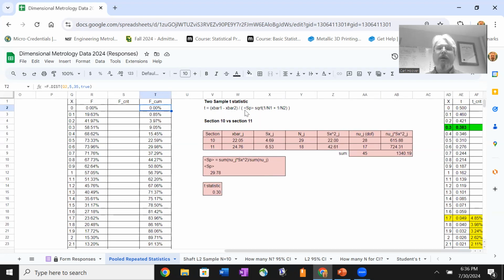We divide that by the standard variance of the pool for those two sections alone, and then also divide that by the square root of 1 over n for the first section plus 1 over n for the second section. So that gives us a standard variance for those two pools of 29.78.